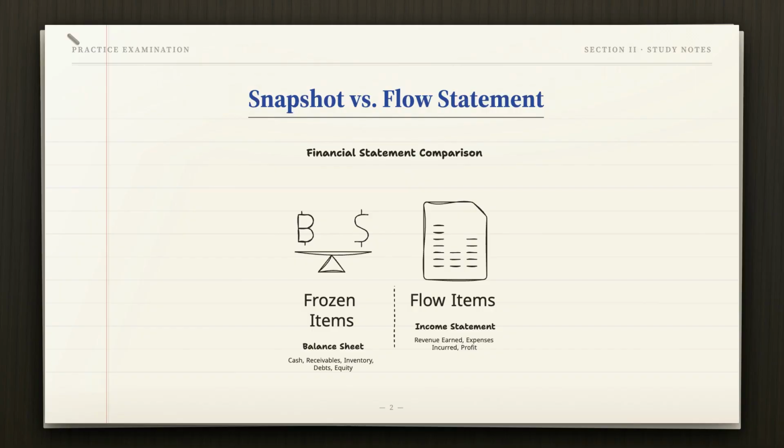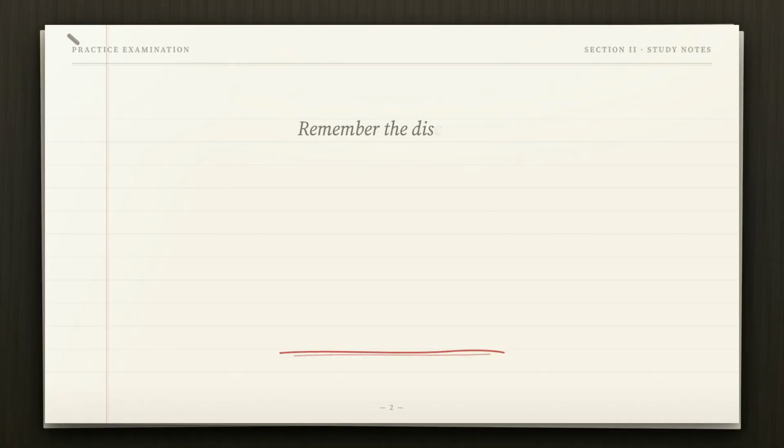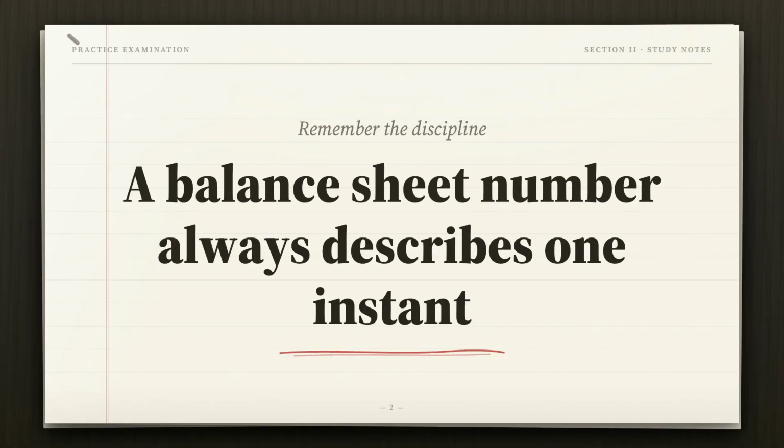The other labeled for the year then ended, listing sales earned and costs absorbed across all 12 months. Comparing two balance sheets shows what changed, but only the income statement explains why. The photograph and the video aren't rivals. The video bridges one photograph to the next, and never mistake a single instant for a stretch of time.